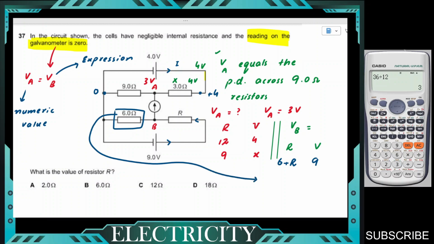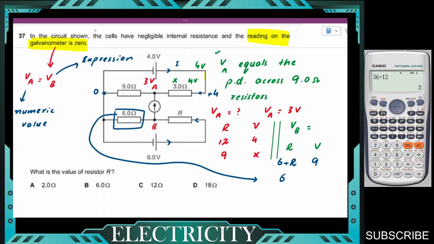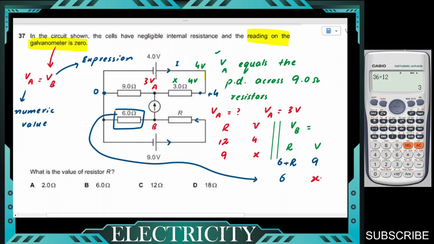So what should I write here if I want to find the potential difference across 6 ohm? 6 plus R has 9 volts, then 6 would have X volts.